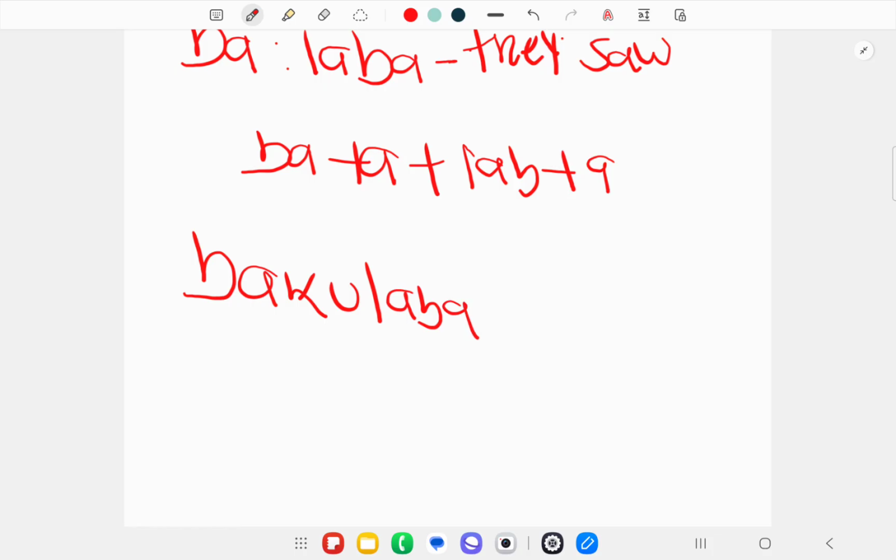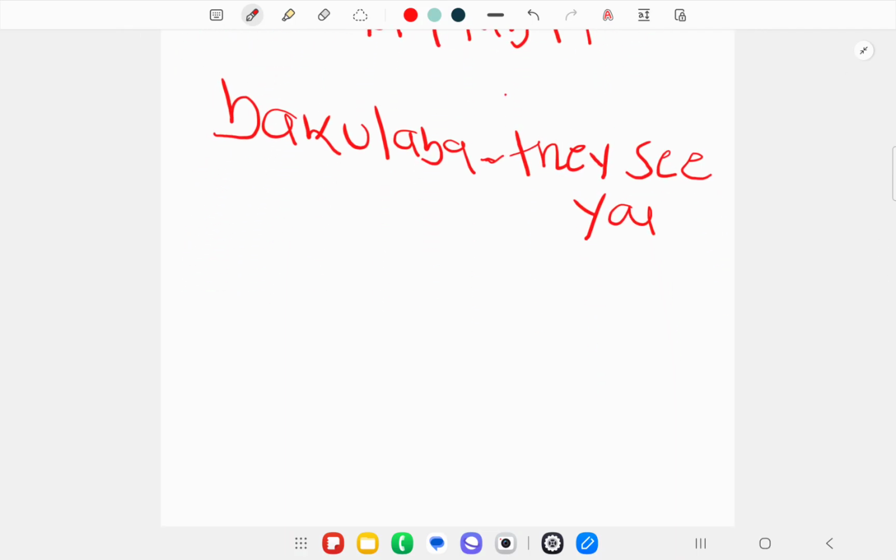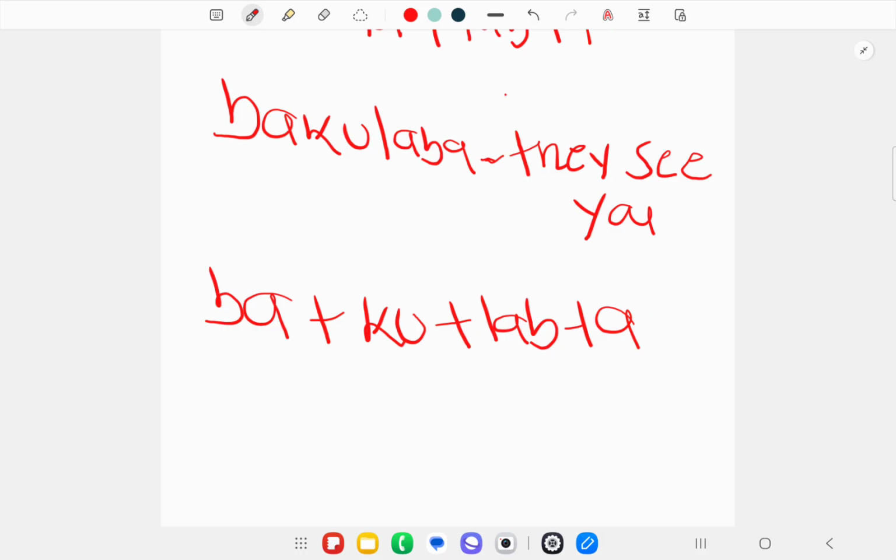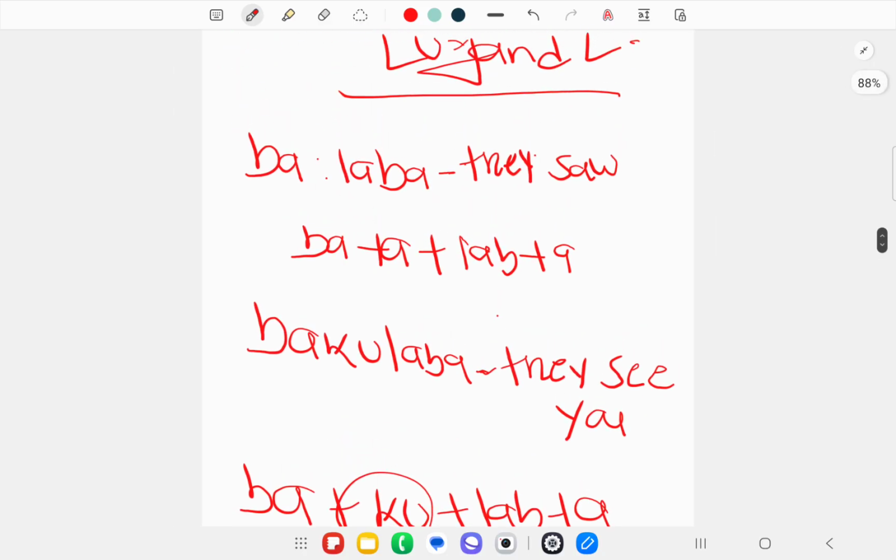When we divide the segments of bakulaba, this will be BA plus KU plus LAB plus A. This means that the KU sound is released or deleted from here, and the adjacent syllabic gets lengthened in compensation.